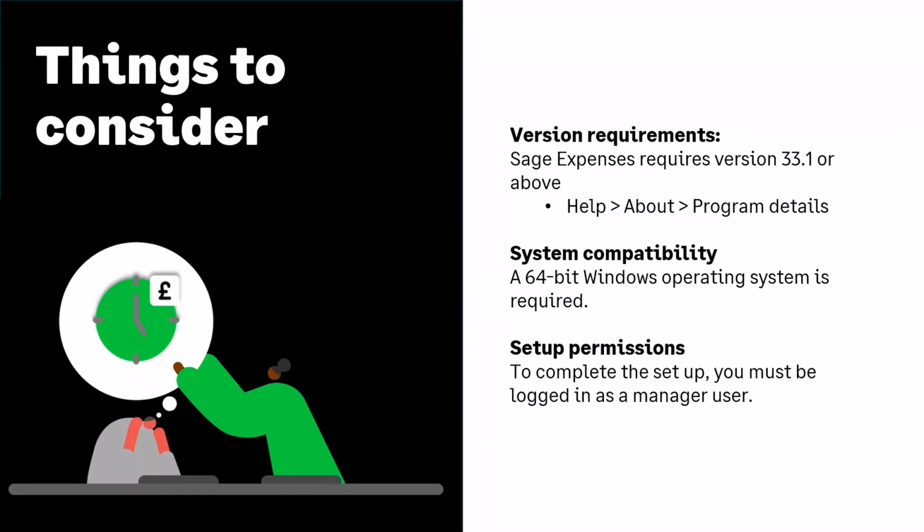And you also must be logged in as manager when you're setting up this process, as the manager level is the only one that would have permissions to be able to set this feature up. So make sure that you're logged in as the manager user. So these checks help ensure everything is ready for a smooth and successful onboarding experience.